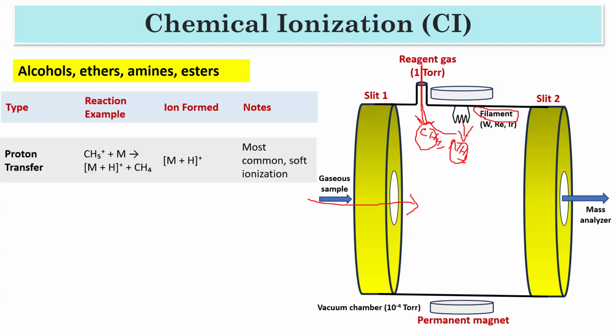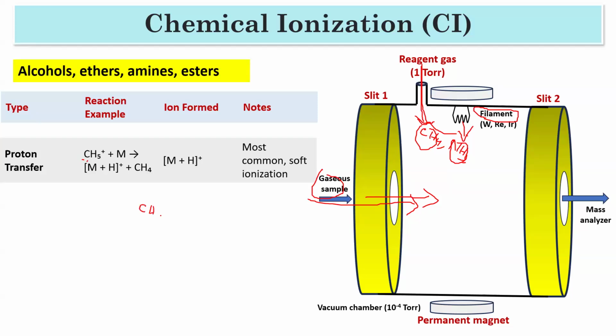Once they are ionized, this reagent gas will hit the gaseous sample when it comes inside. Because it becomes reactive when it is in ion form, it will make the gaseous sample also ionized. Here I have given an example.